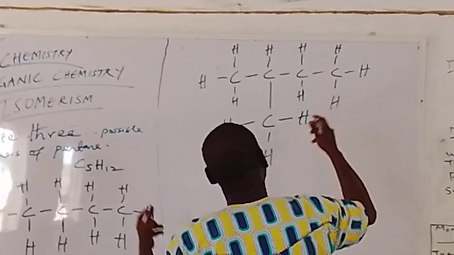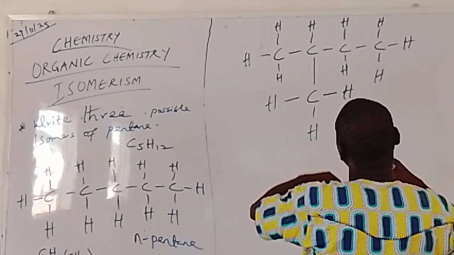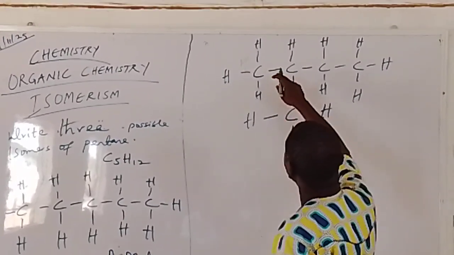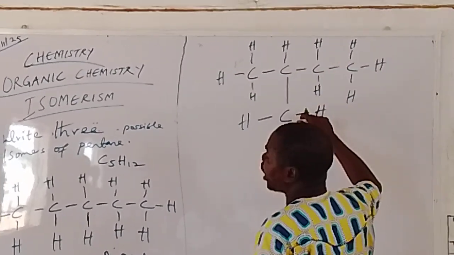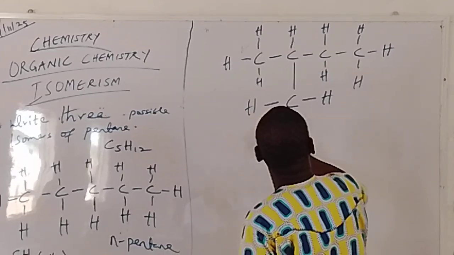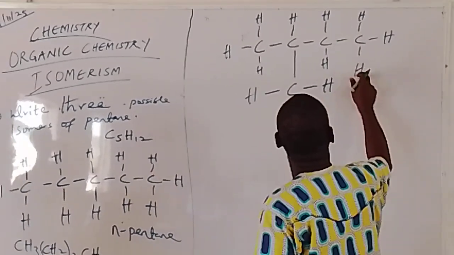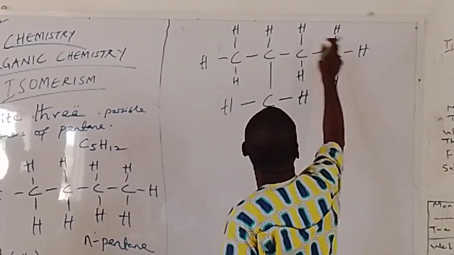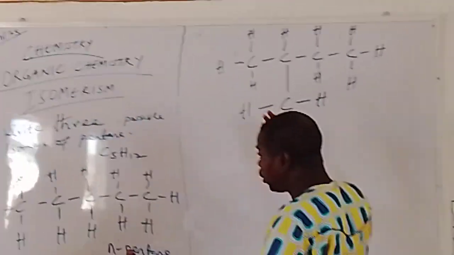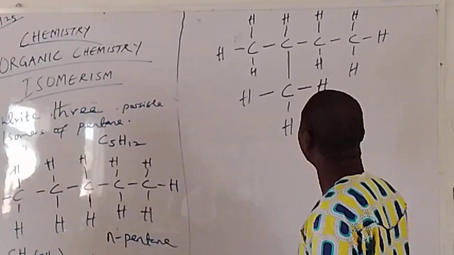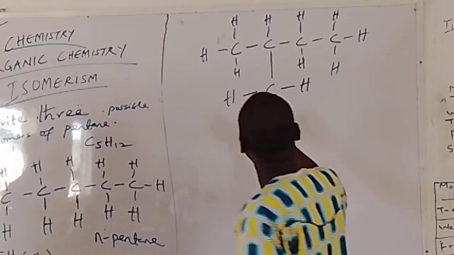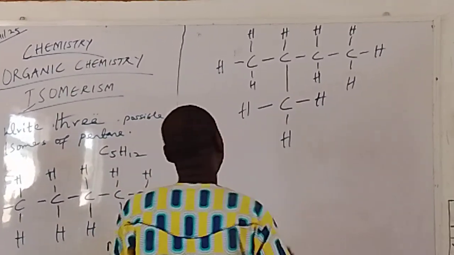Now let's check whether the number of carbon and hydrogen is complete: 1, 2, 3, 4, 5 carbon, and hydrogen 1, 2, 3, 4, 5, 6, 7, 8, 9, 10, 11, 12. Still 5 carbon and 12 hydrogen atoms.